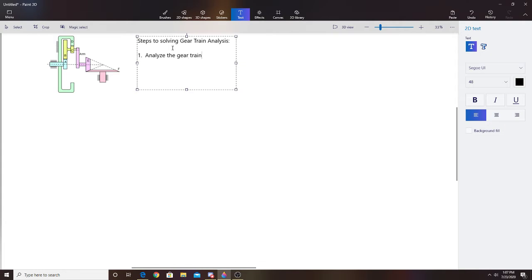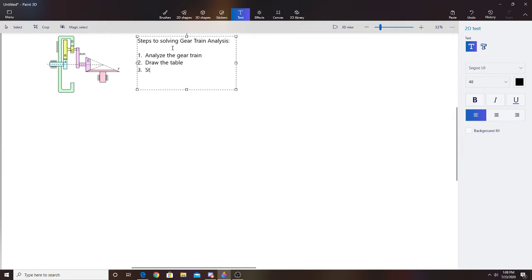Analyze the gear train, right? That was the first step. So know how everyone is contacting, what type of motion it has, etc. Number 2 was to draw the gear analysis table. But for this one, it's a bit different. We'll talk about that in a second, but it's not too different.